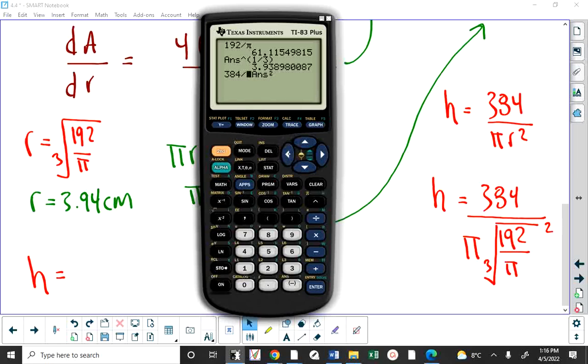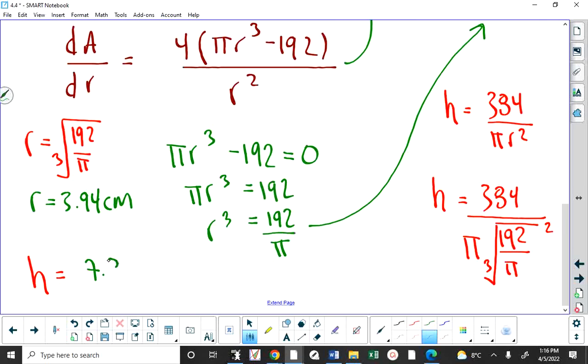Or if you're like me, I need to take this 384, I need to divide by pi, and I need to divide by r squared. So I get 7.88 centimeters.